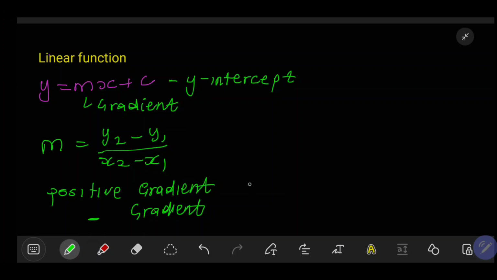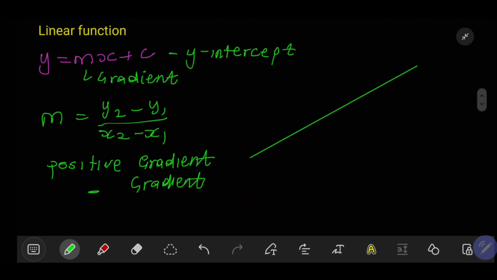If the graph rises like this, it is increasing, and it means this is a positive gradient.